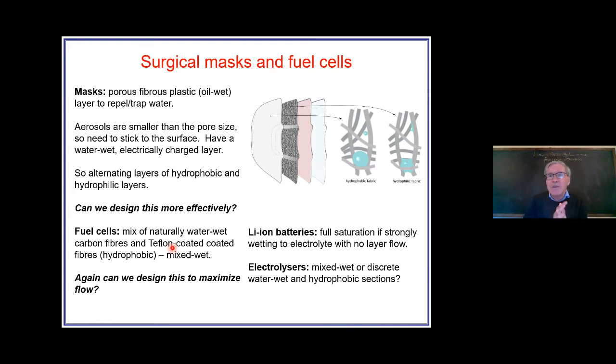And in our labs, using the same image and analysis technique, we've shown that we get almost exactly minimal surfaces in those cases. The idea is that we should do the same for electrolyzers. Okay. For lithium-ion batteries, it's a little bit different. You actually want a strongly wetting substrate so that you completely saturate the pore space. So there's lots of opportunities here to design this to maximize performance.